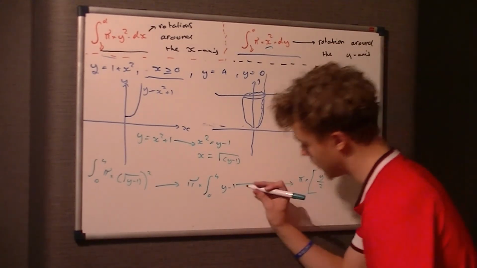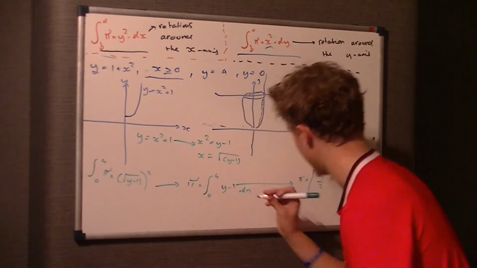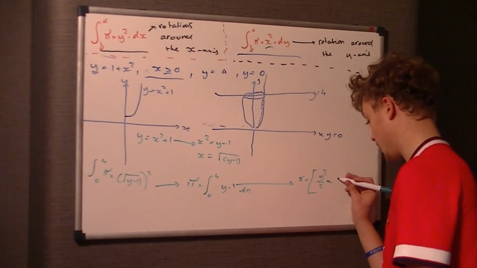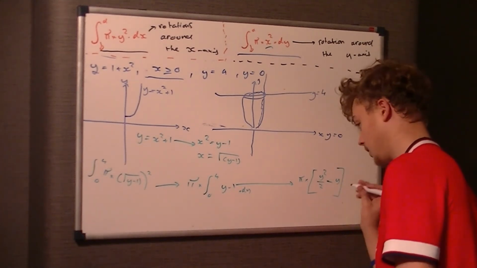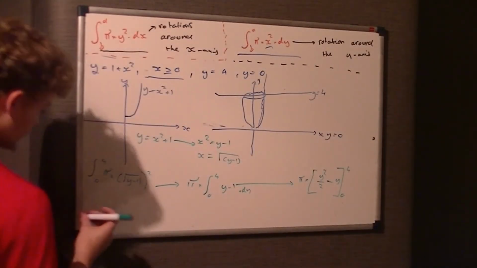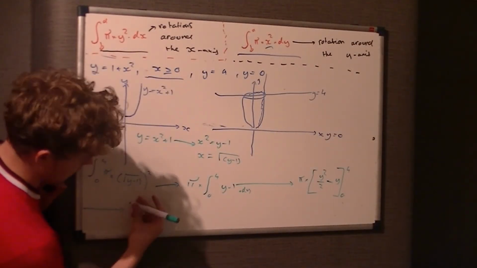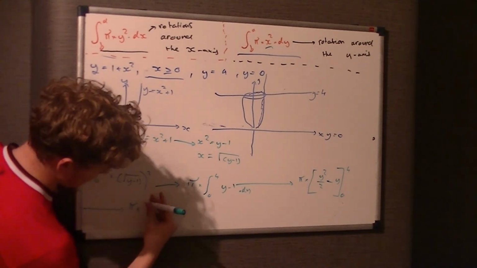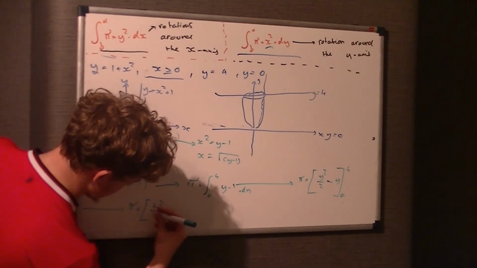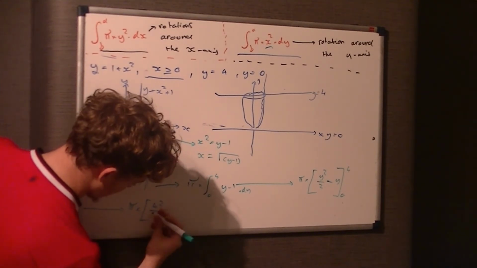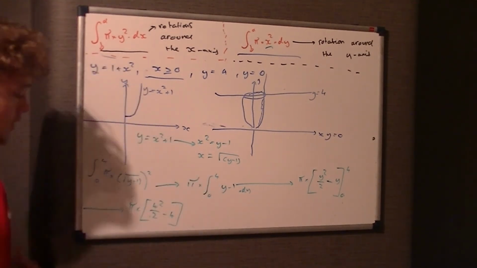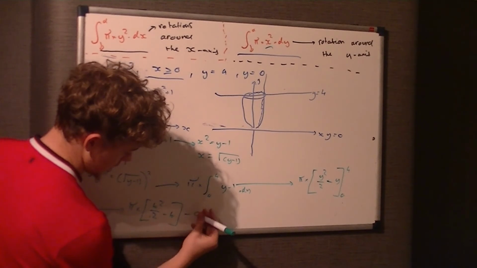You should put the "with respect to y", by the way, and then the integral of 1 with respect to y is just y, and you still have the limits of 4 and 0. Then we simply put our numbers in, so it's pi times 4 squared over 2, take 4, and then you do take 0.